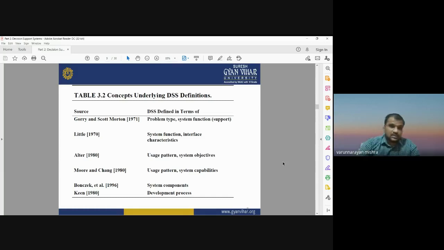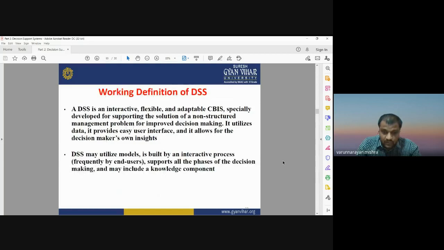The working definition, or the common definition, of DSS is that it is an interactive, flexible and adaptable CBIS. CBIS means computer based information system. DSS is a computer based information system, in short we call it CBIS.